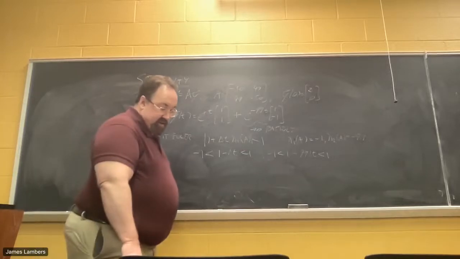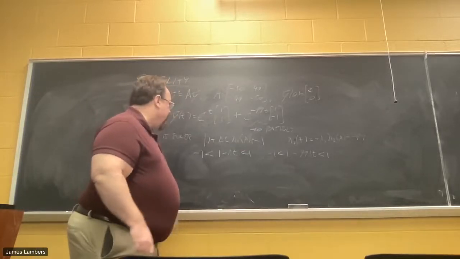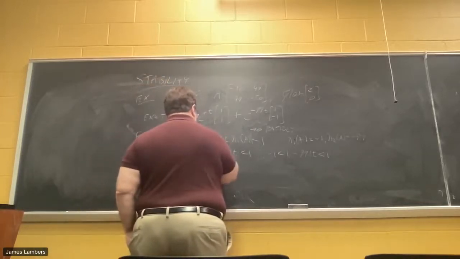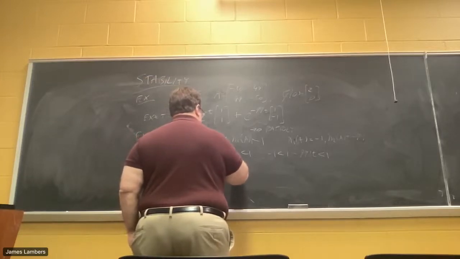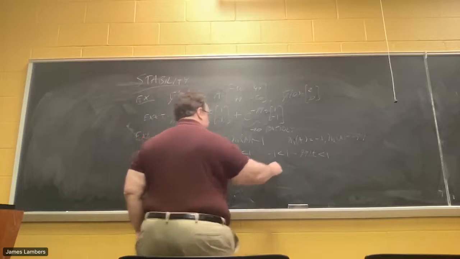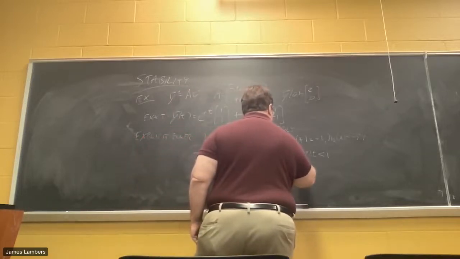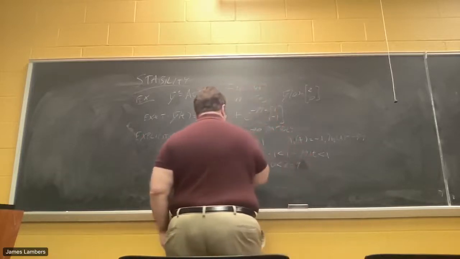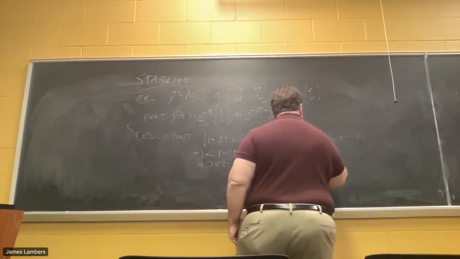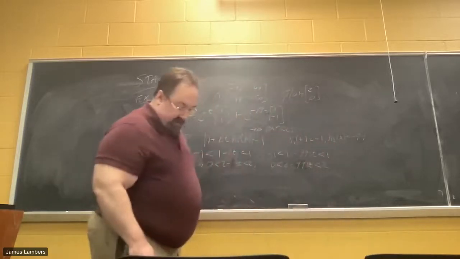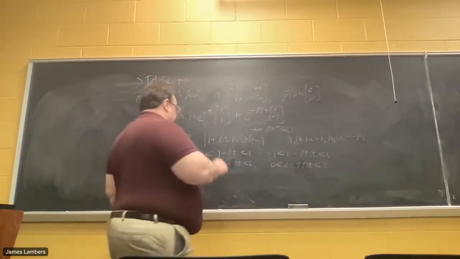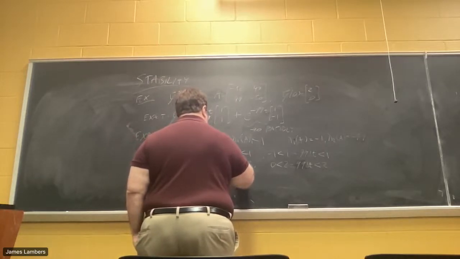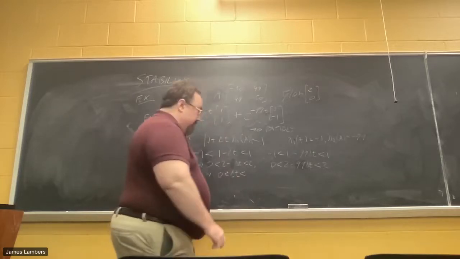Now I'm going to add 1 to all sides. So now if I solve for delta t, I get delta t positive and less than 2.